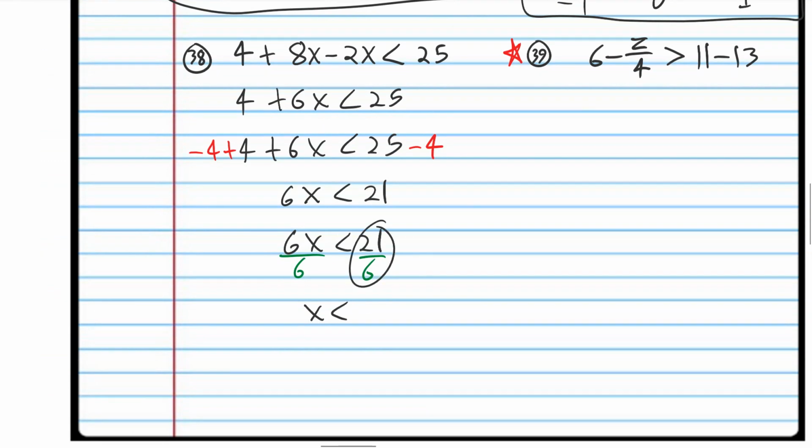But we do have to reduce this fraction. Divide both sides by 3 and you get 7 over 2. So if you got x is less than 7/2, good job.